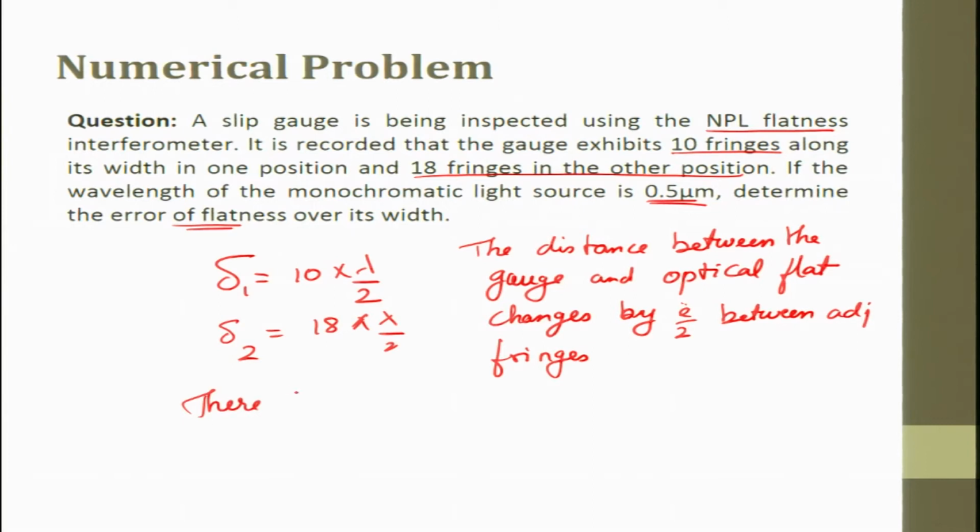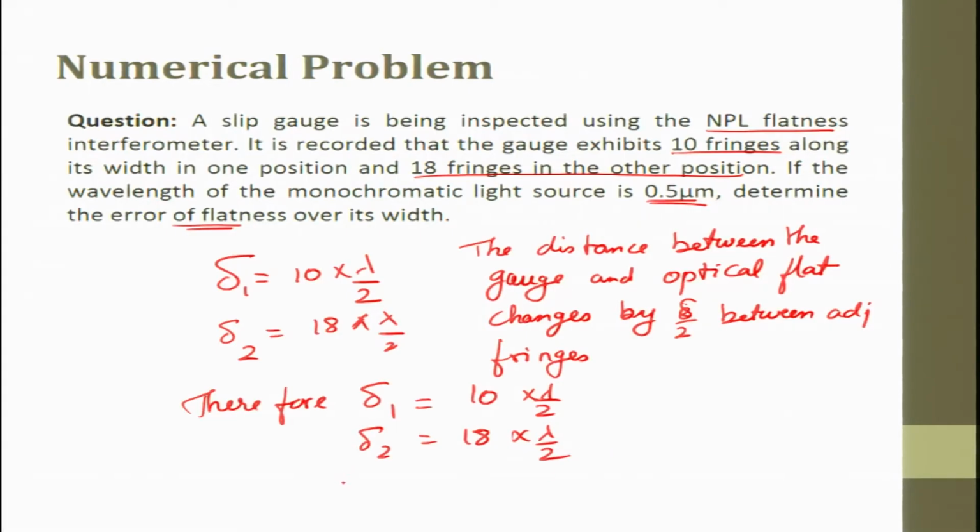Therefore, del 1 equals 10 into lambda by 2, and del 2 is equal to 18 into lambda by 2.